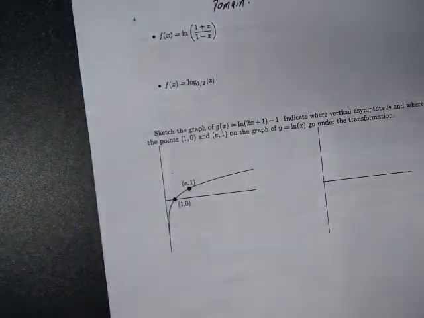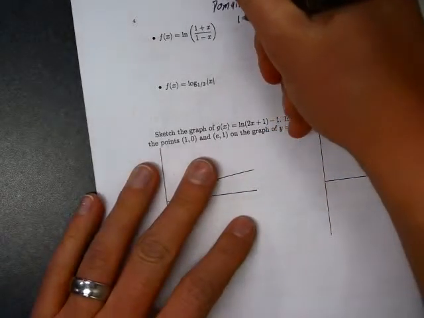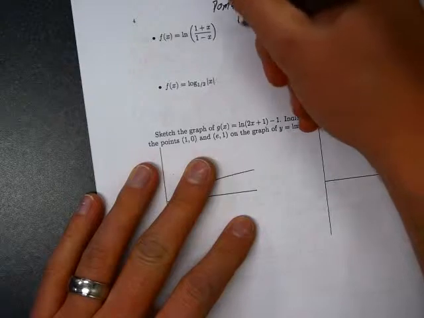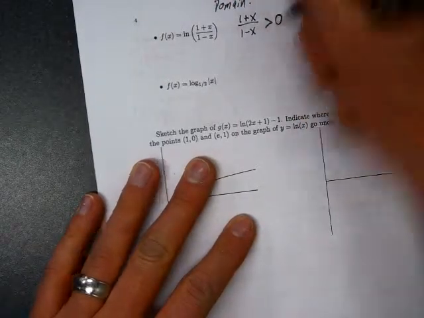So in order to find the domain of this thing, what inequality do I need to solve? What types of numbers can appear in logarithms? Positive. And I really mean positive. 0 is forbidden. So I need to solve the inequality 1 plus x divided by 1 minus x is strictly bigger than 0.